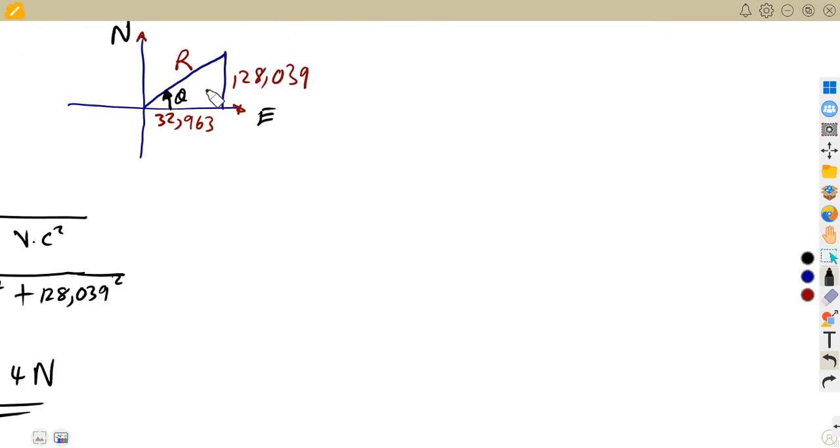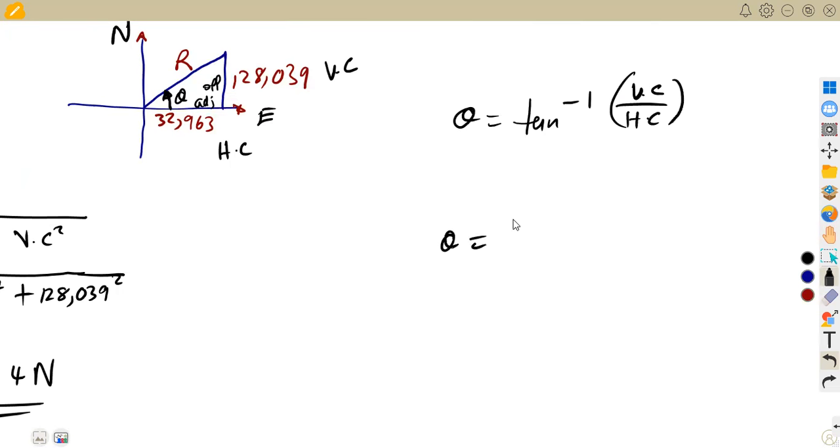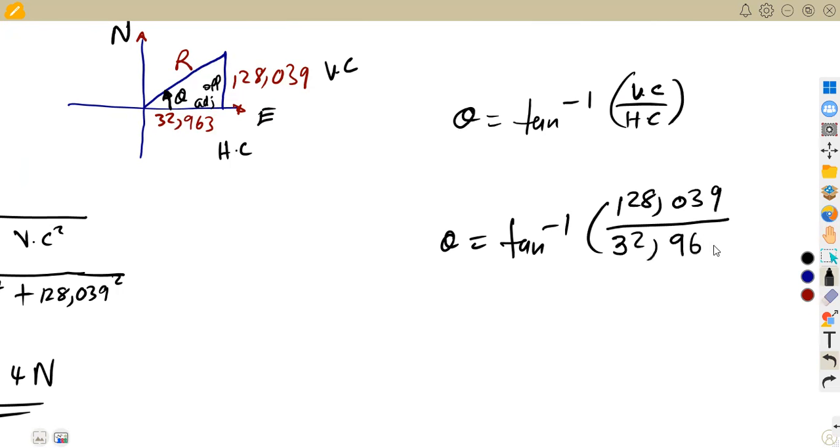So according to the opposite and adjacent, you see the favorite ratio, the best ratio is going to be what? Of tan. So where theta is simply arctan of the vertical component over the horizontal component. So theta was going to be arctan of the vertical component 128,039 over the horizontal component of 32,963.